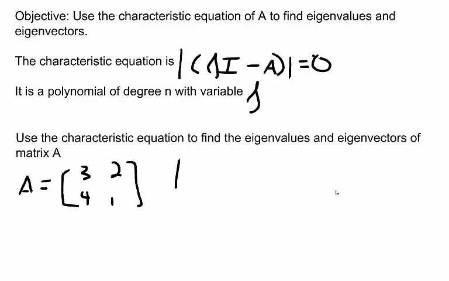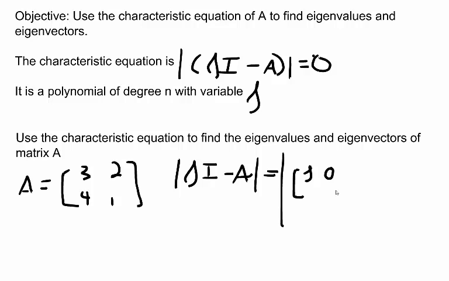The determinant of lambda times the identity matrix minus A is equal to the determinant, and here's our identity matrix. We're just using the symbol lambda for now to represent our unknowns, minus our given matrix.